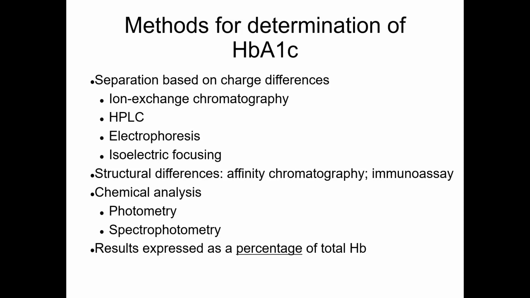Methods for the determination of HbA1c. Separation based on charge differences, so ion exchange chromatography, HPLC, electrophoresis, isoelectric focusing. Structural differences, so affinity chromatography or immunoassay. And chemical analyses, so photometry, spectrophotometry, and the results are as a percentage of total hemoglobin.